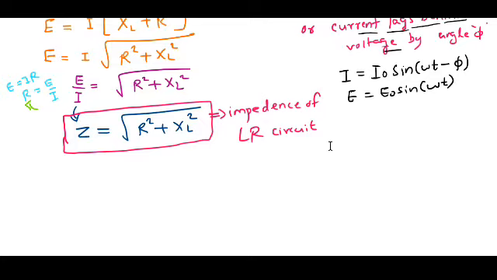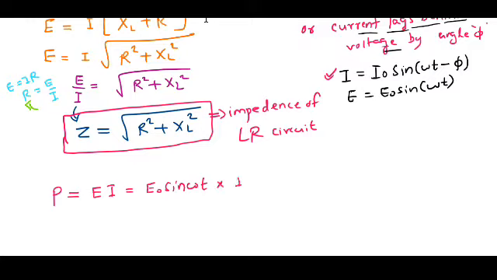Then if this is the expression for the current in the circuit, I can write the power. The power in the circuit can be defined as voltage into current. This E is nothing but the applied voltage, that is E0 sine omega t. Here the voltage is alternating voltage.